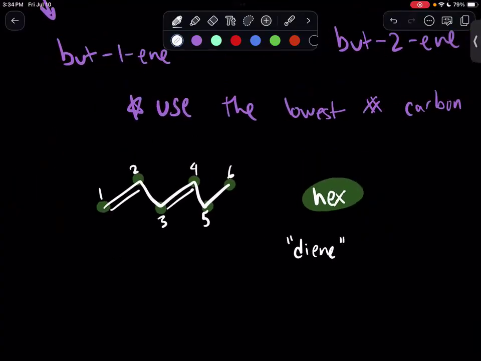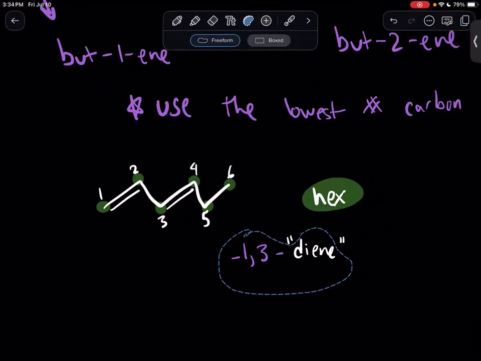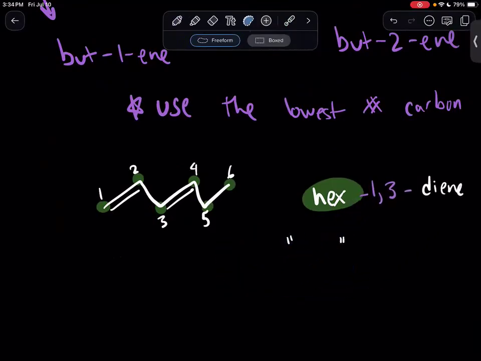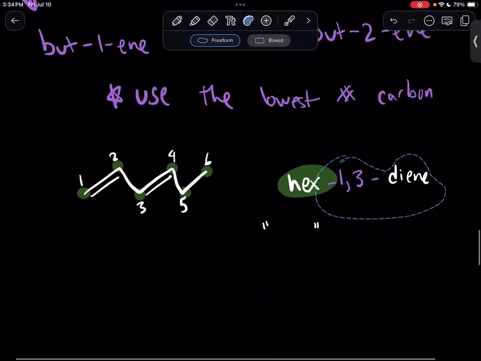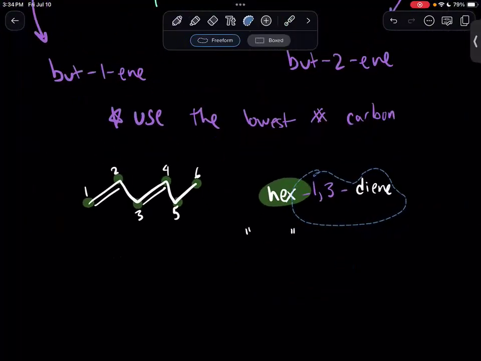Furthermore, our double bonds are between carbon 1 and 2 and carbon 3 and 4. So we're going to say 1,3-diene. And then we can just slap this whole thing right after hex: hex-1,3-diene.